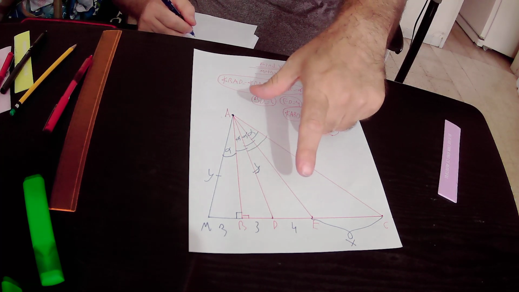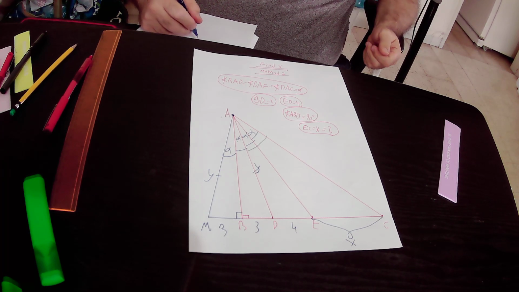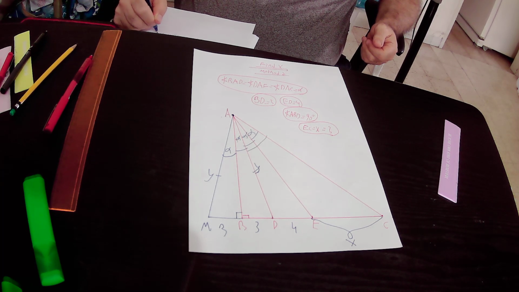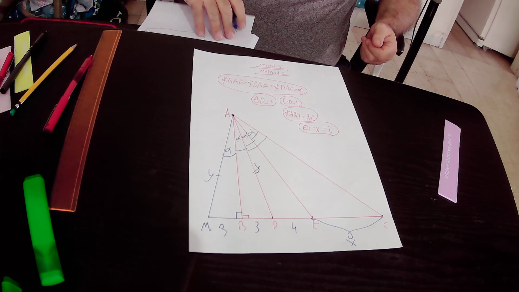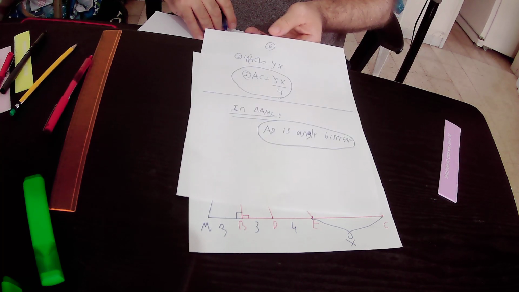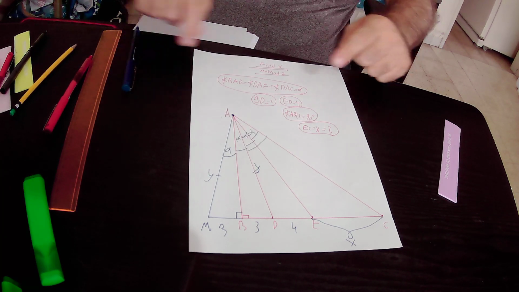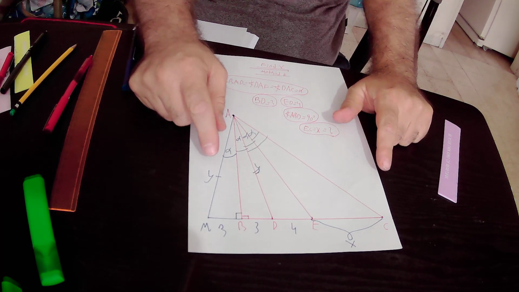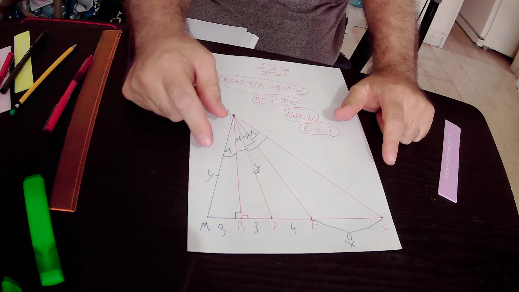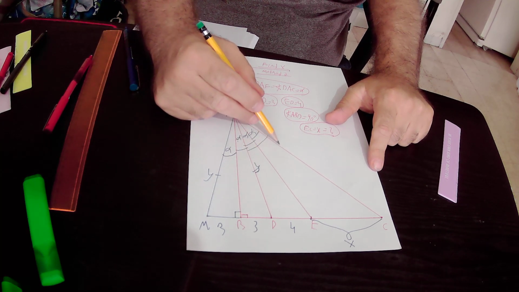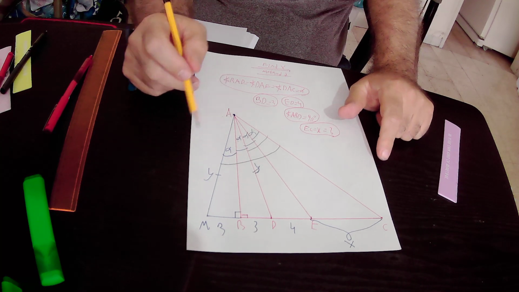We know that AD is the angle bisector in the big triangle, triangle AMC, because it bisects angle MAC.